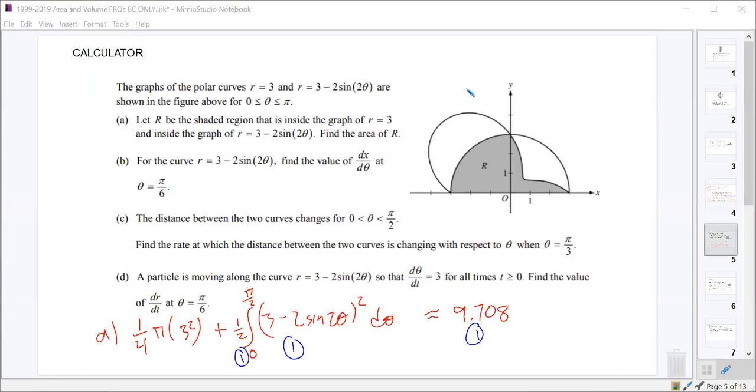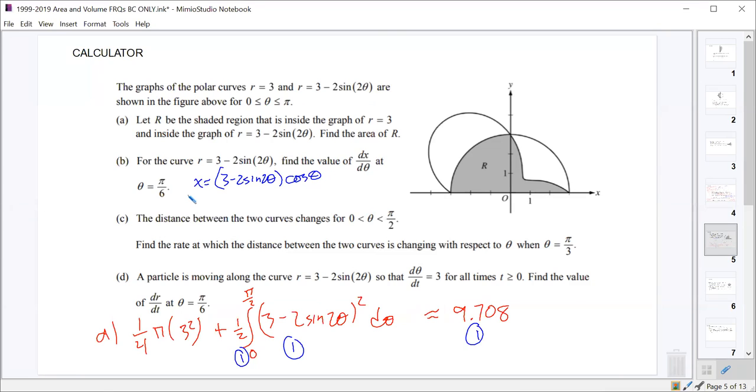All right, part B. So for 3 minus 2 sine 2 theta, we want to find dx d theta. So we know that x is r times what? X is r cosine theta, right?